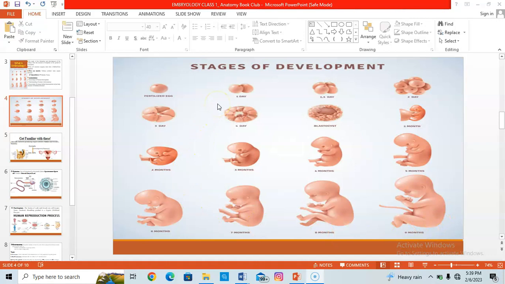The first 2 months are the critical months, and the developing baby at that time is called the embryo. From the 3rd month to the 9th month, the developing baby is called the fetus. So let this picture be in your mind, alright?